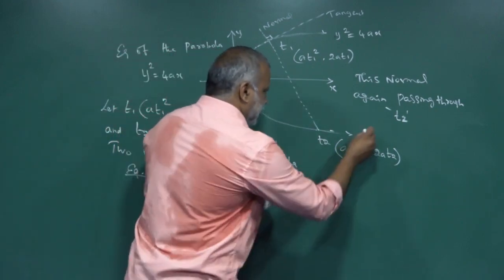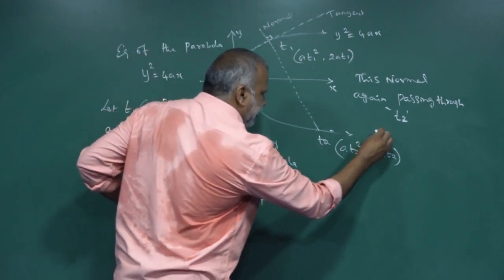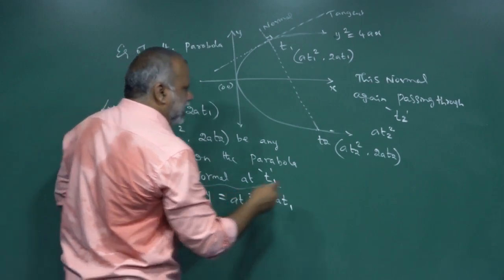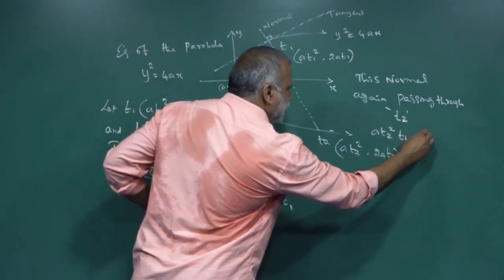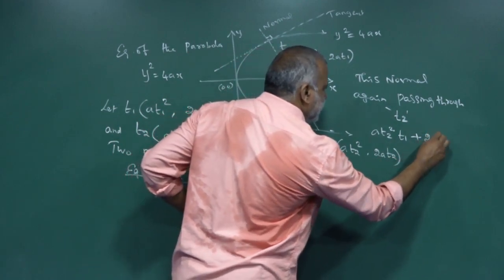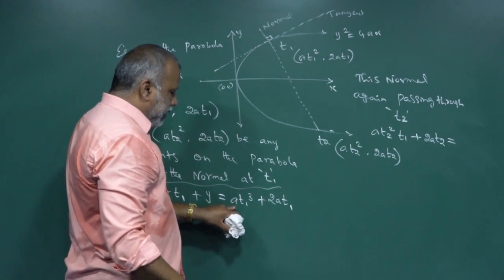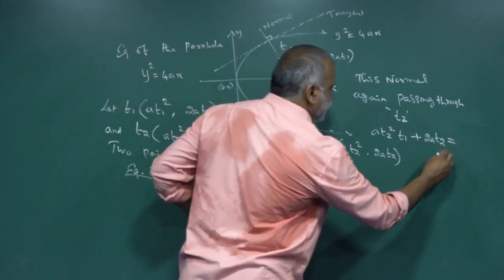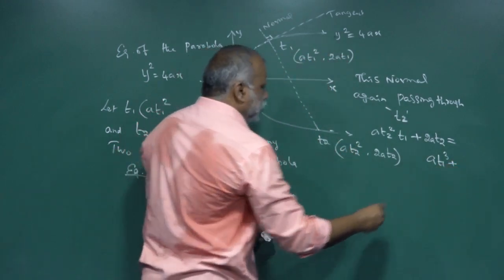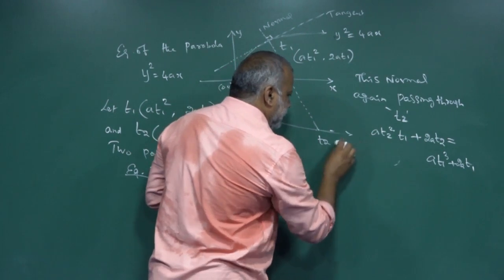Now listen to this one. This equation becomes, instead of x, I am going to replace at2 squared, and you already have t1. Then plus, instead of y, 2at2, equal to, on your RHS side, at1 cube plus 2at1. Listen to this once again.